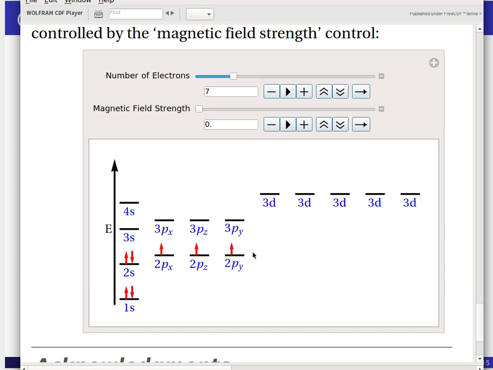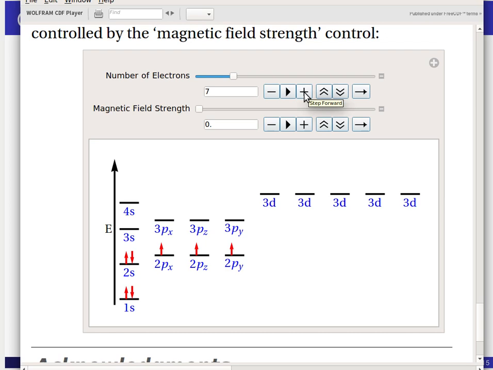Remember, all electrons are negatively charged, and so if you have two negatively charged electrons occupying the same region of space, the same orbital, then there's going to be a greater degree of electron repulsion. So if we have an option of putting those electrons in separate orbitals, we need to do it to lower the overall energy of the atom.